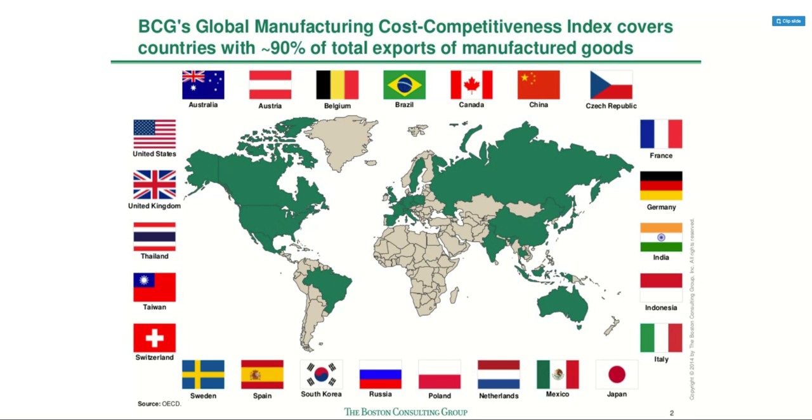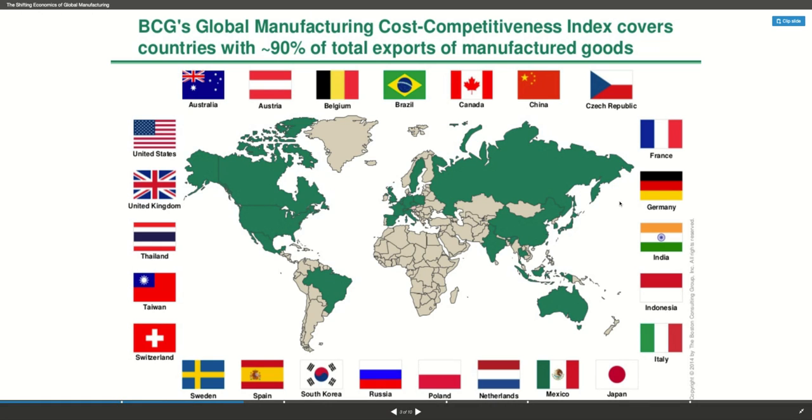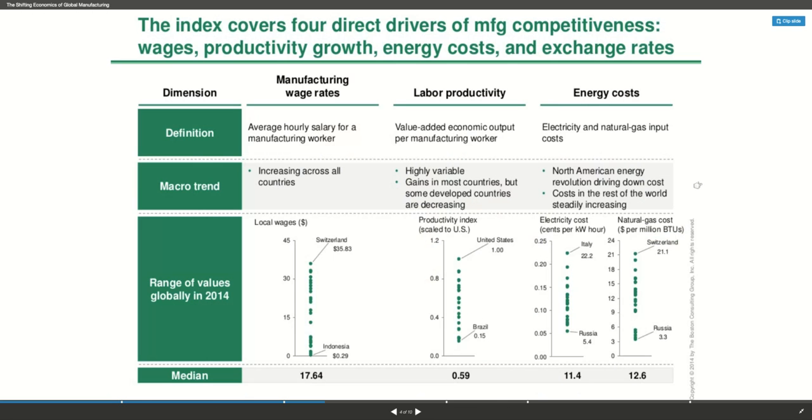BCG's Global Manufacturing Cost Competitiveness Index covers countries with more than 90% of total exports of manufactured goods. So the green countries are the countries that it covers, and we know why. It's because they're countries with more than 90% of total exports of manufactured goods. Okay, let's go ahead and go to the next slide.